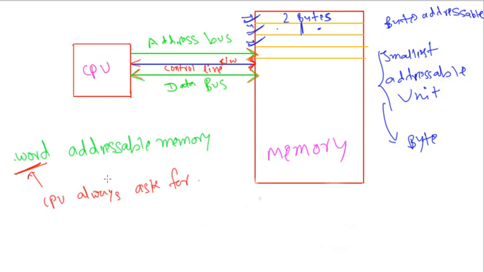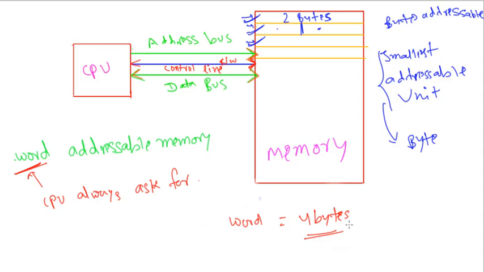CPU doesn't care about my cell size. CPU always asks for one word. Let's say CPU word size is 4 bytes. So whenever it places an address to memory, it doesn't care what the memory cell size is. It always expects data of 4 bytes in return. CPU always asks for a word.